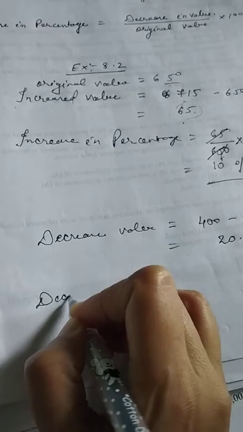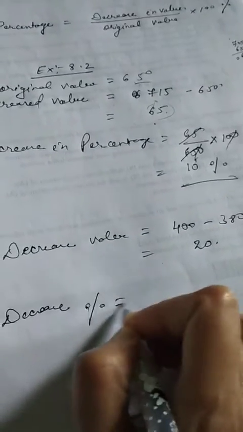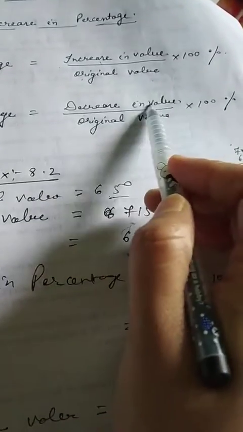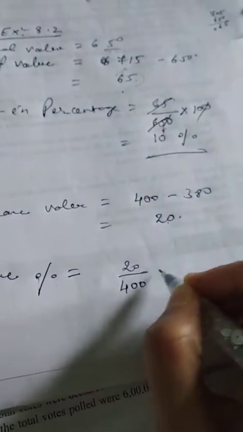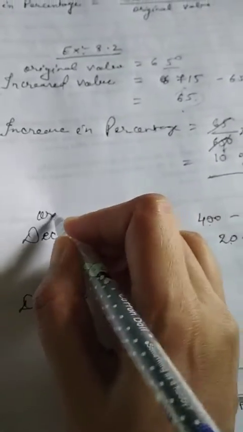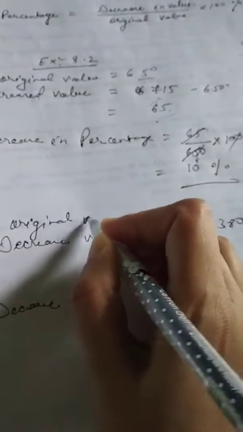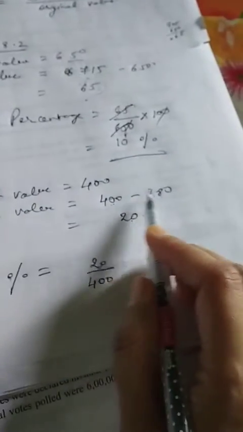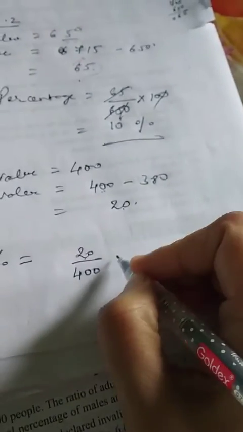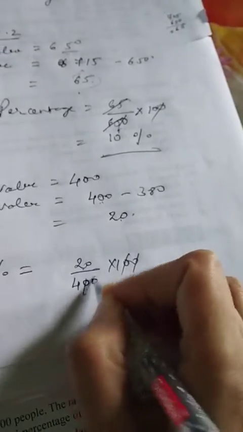Now you have to find the decrease percentage. Decrease percentage is equal to decrease in value divided by original value. Original value is equal to 400, and decrease in value is 400 minus 380. Now multiply by 100.